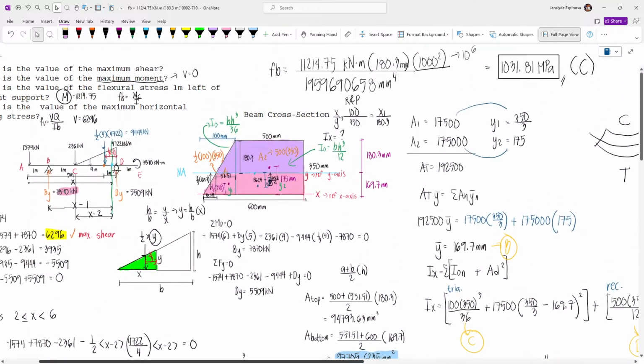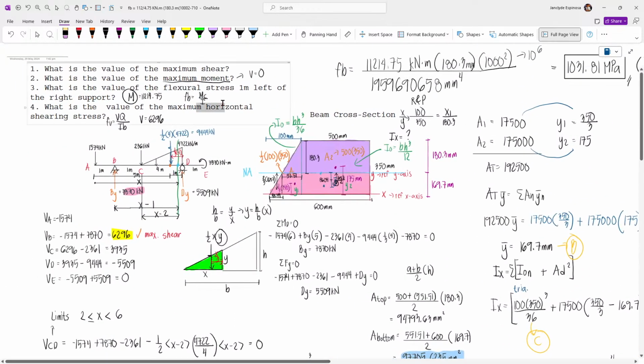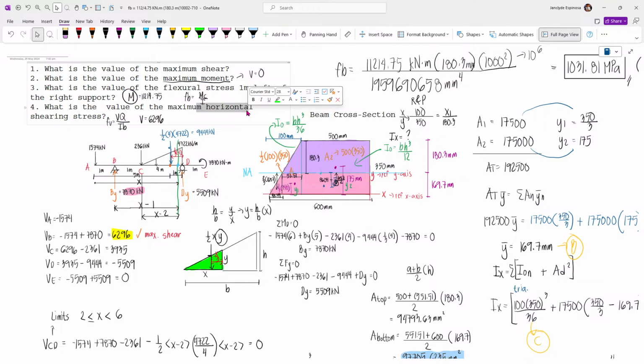But beware, the question given is the maximum horizontal shearing stress, but essentially if your shape is irregular, we assume that the loads act at the centroid of the figure. But this is trapezoidal. Its centroid is not in the middle because the trapezoid has no geometric center, since it is not symmetrical.